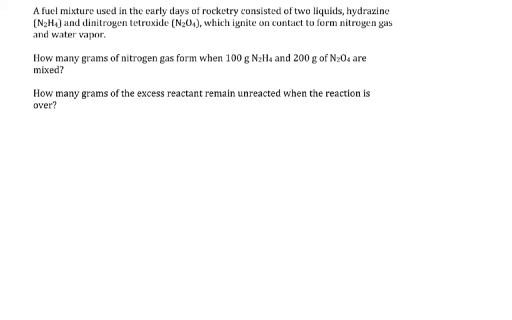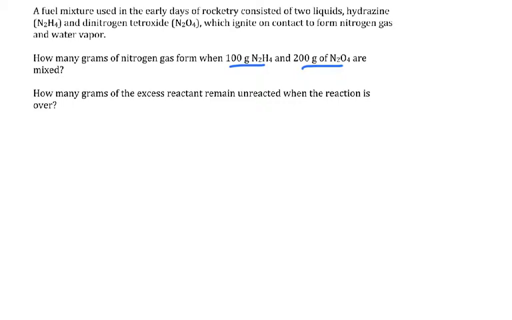We have to identify both of those, and that's going to require us going from the mass of hydrazine or dinitrogen tetroxide to the moles of each one of these, and then looking at the balanced chemical reaction to find out the stoichiometric relationship, the mole ratio of each one of these reactants to nitrogen gas.